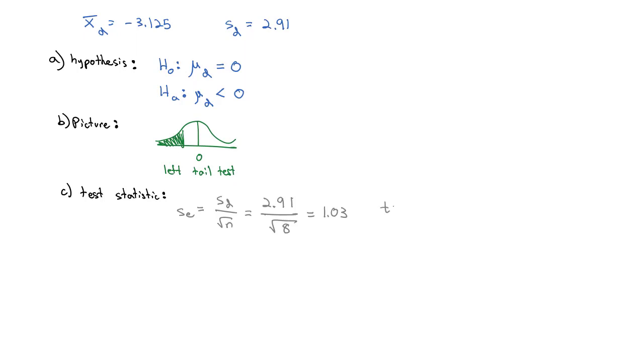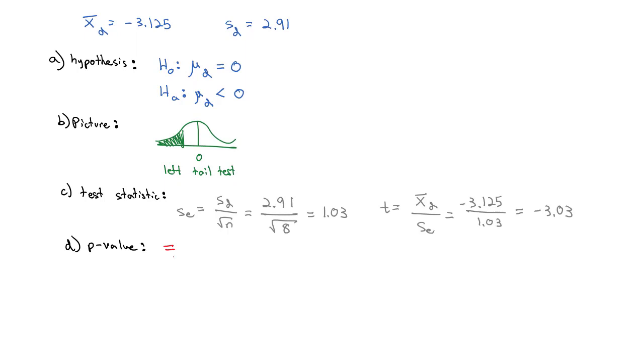Then for T, our test statistic. The test statistic is the average difference divided by the standard error. The average difference that we found was negative 3.125, divided by the standard error that we just found, which is 1.03. And that gives us our t statistic of negative 3.03. Now that we have our test statistic, we know the fourth step is to find the p-value. Our p-value we can find on Excel.